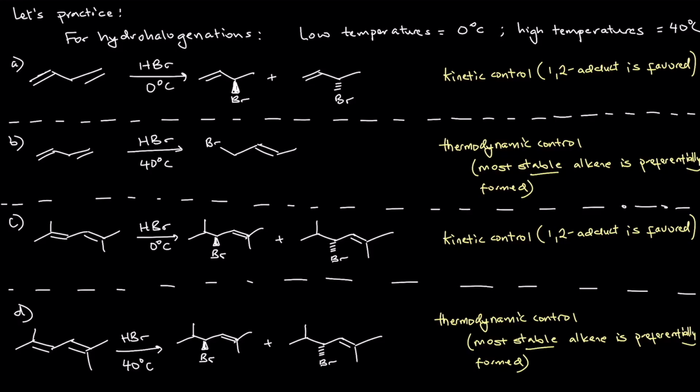And that means that your 1,2 adduct is also still preferred under thermodynamic control, so at high temperatures and at low temperatures. And you can convince yourself that this is the case by looking at the alkene substitution pattern of the 1,4 adduct, and you would see that the 1,2 adduct is still more stable because it's a trisubstituted alkene versus a disubstituted alkene.